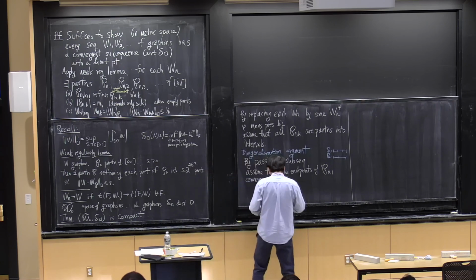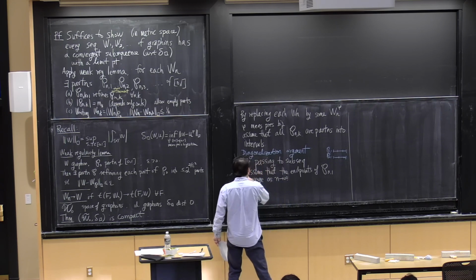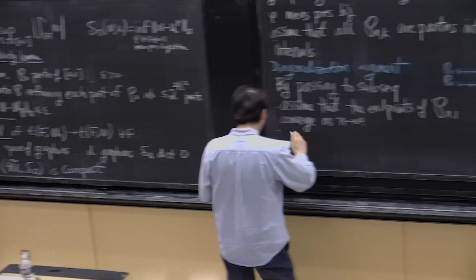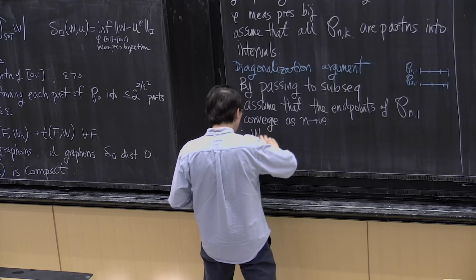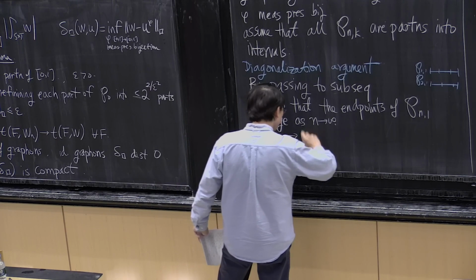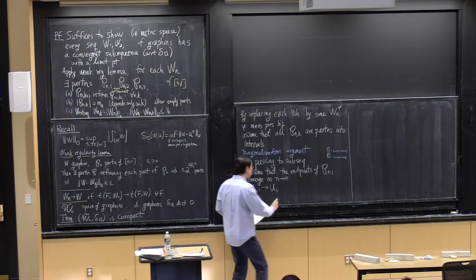And now by passing to a subsequence one more time, let's assume that also W sub n1 converges to some graphon U1 pointwise.